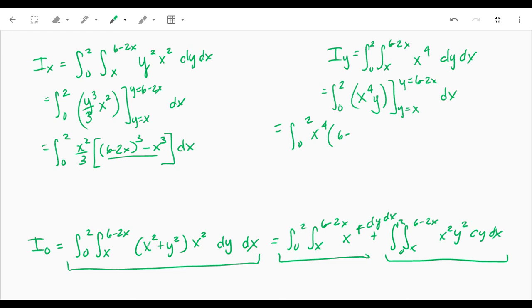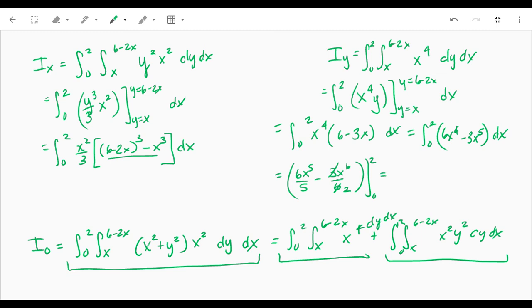I'm just going to write 6 minus 3x. Okay. So then we would have 6x to the fifth over 5 minus 3x to the sixth over 6, evaluated from 0 to 2.